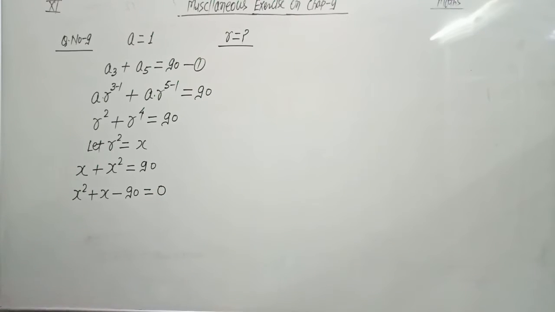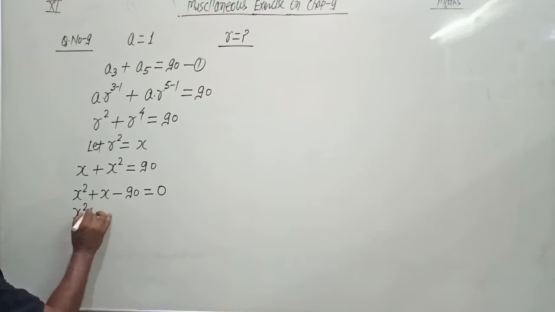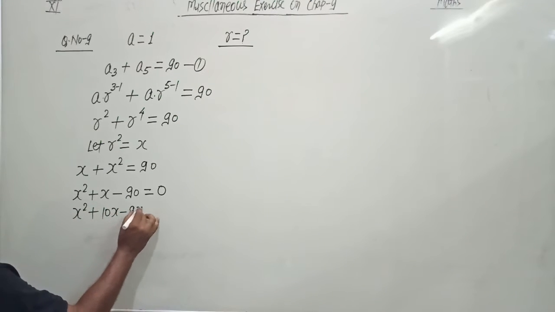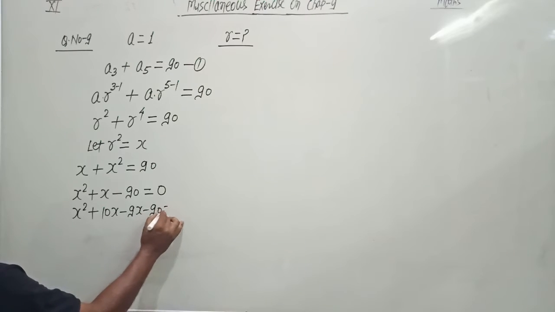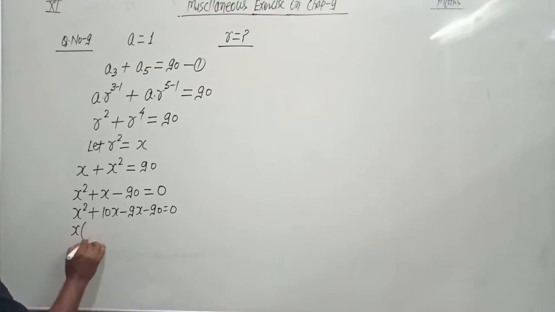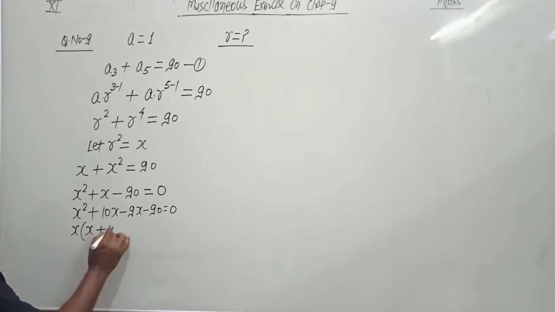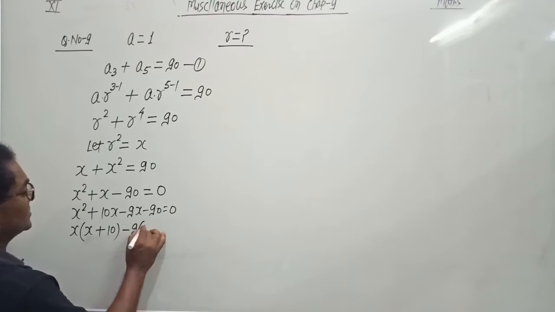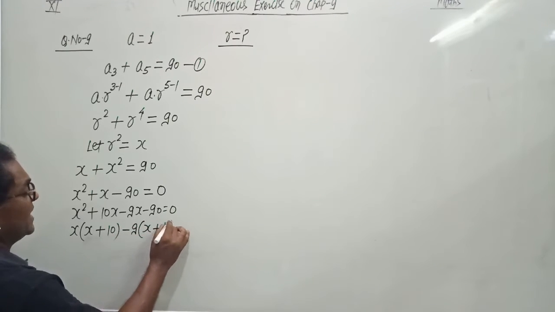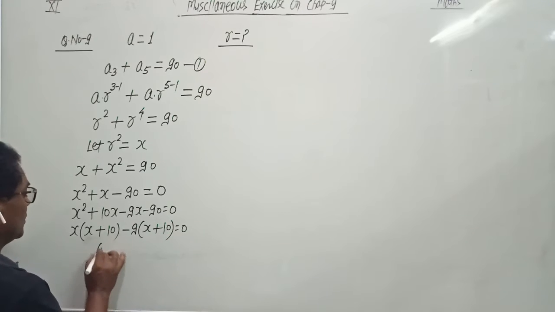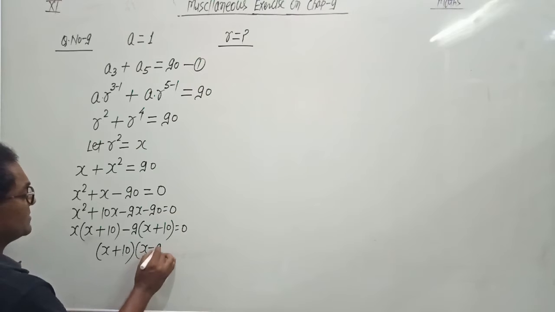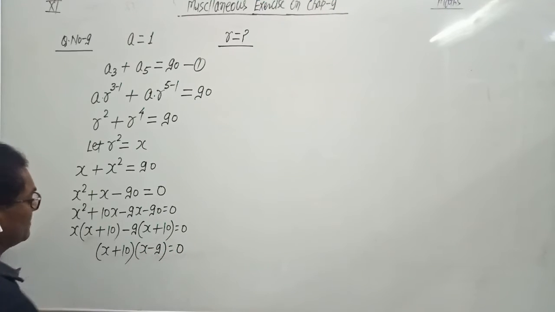Make the factors: x square plus 10x minus 9x minus 90 equals 0. From the first two terms, we take x common, x plus 10. From the last two terms, minus 9 is common, x plus 10 equals 0. Then x plus 10 into x minus 9 equals 0.